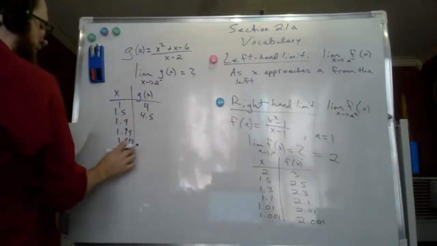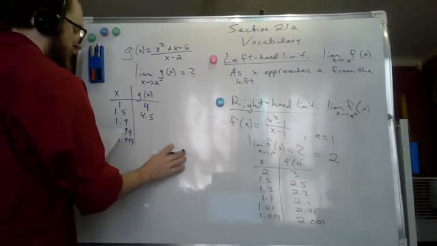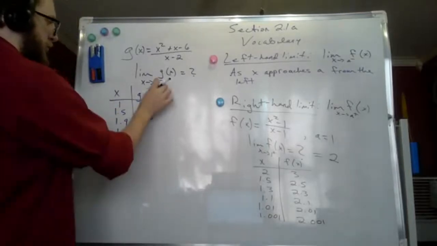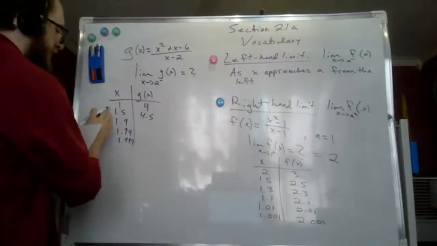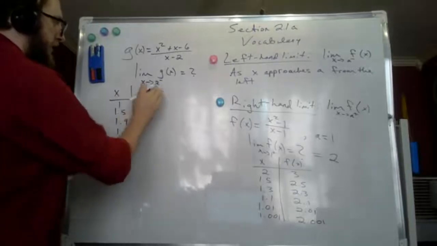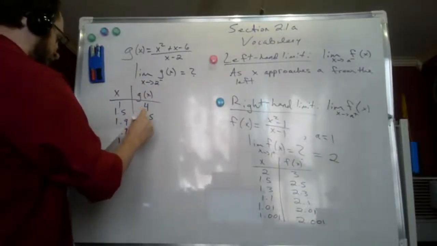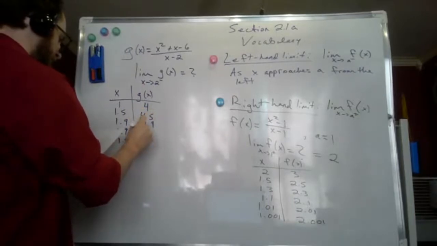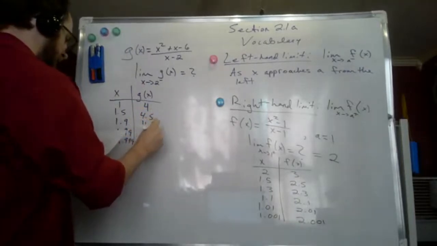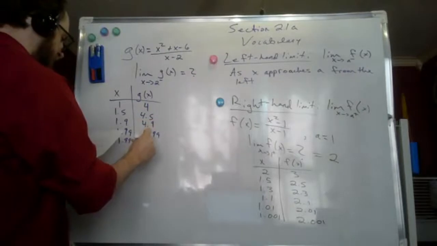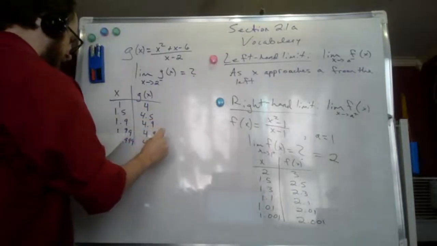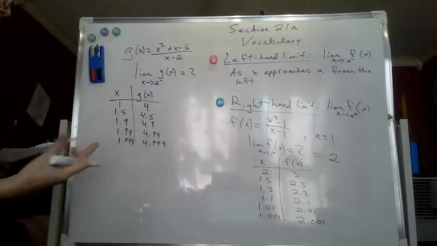The whole point here is that I'm supposed to get closer and closer to 2, because that's the number I'm trying to approximate from the left side, from numbers that are less than 2. So when I plug in 1.9, I get 4.9, 4.99, and 4.999. So what does this tell us?